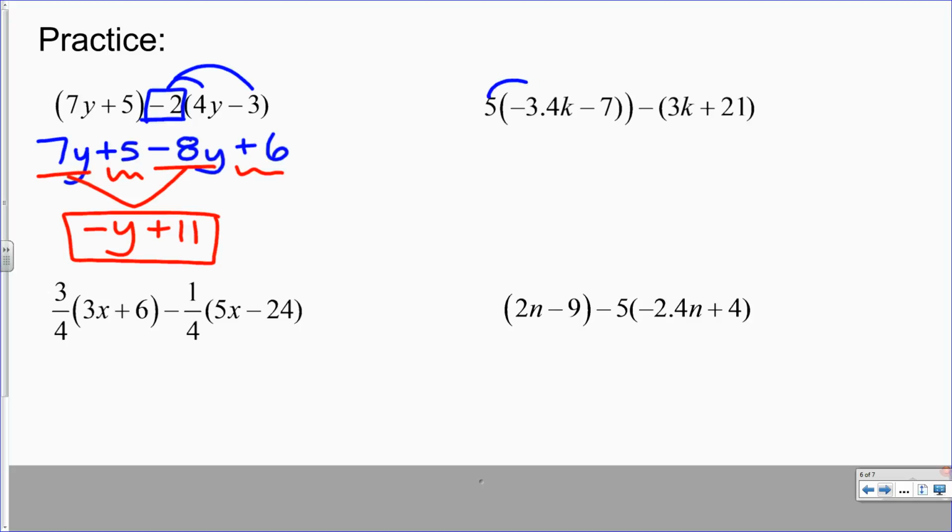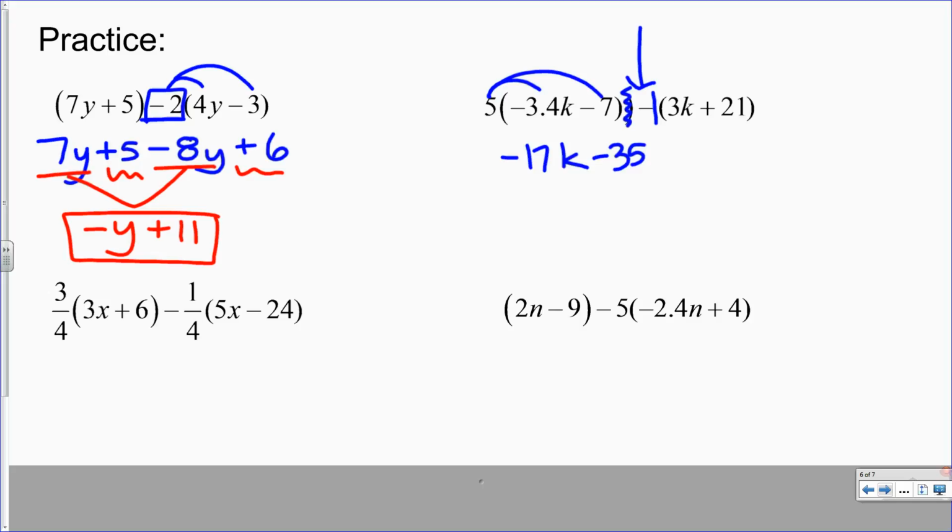This next one I do need to distribute through here. You can use your calculators if you want. You have 5, and you need to multiply it by negative 3.4, and that gives you negative 17k, and 5 times negative 7 would be negative 35. You can ignore this. This was an additional parentheses. It was an error. Now this negative sign right here has to be distributed through.